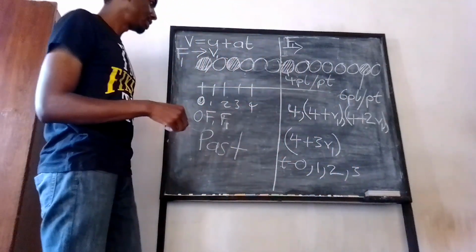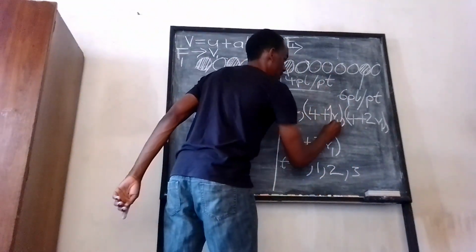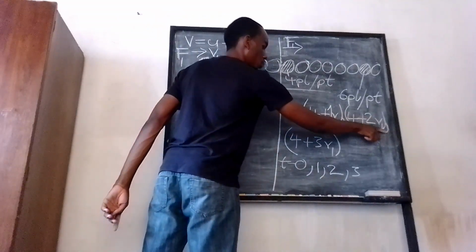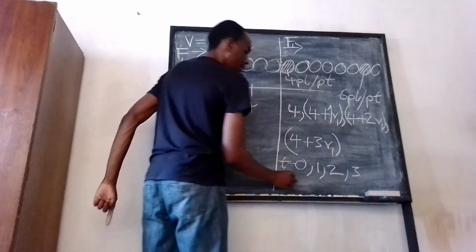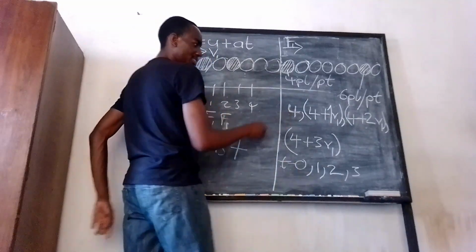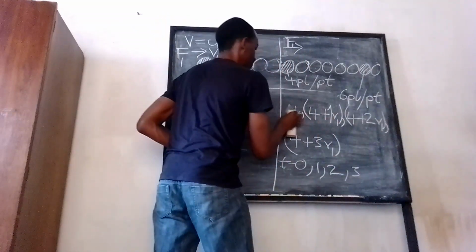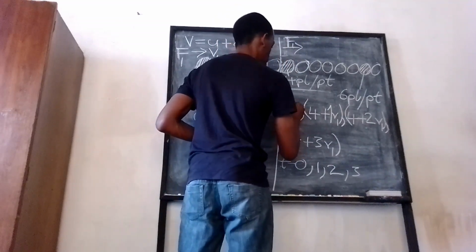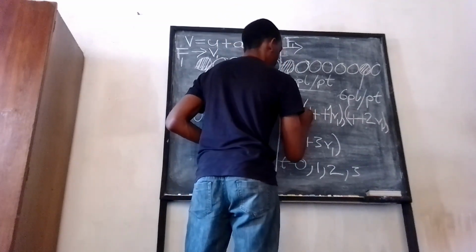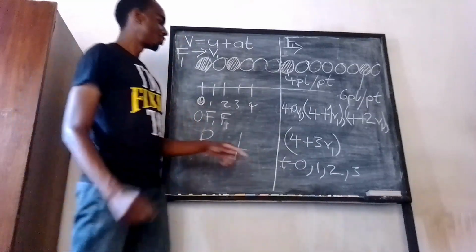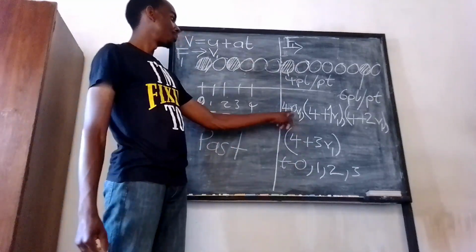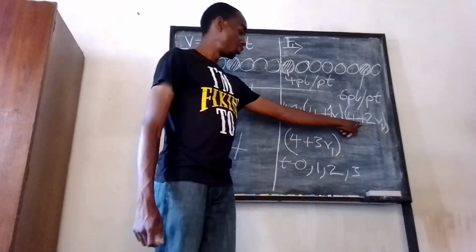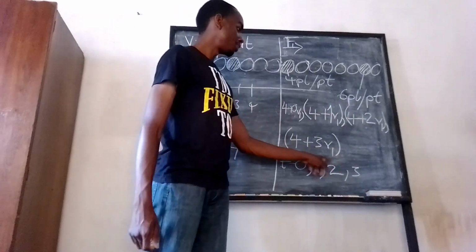Notice 4 plus 1V1, 4 plus 2V1, 4 plus 3V1. And this is similar to just writing 4 plus 0V1 for t is equal to 0. So we've got on the right side 0V1, 1V1, 2V1, 3V1, matching the t values.